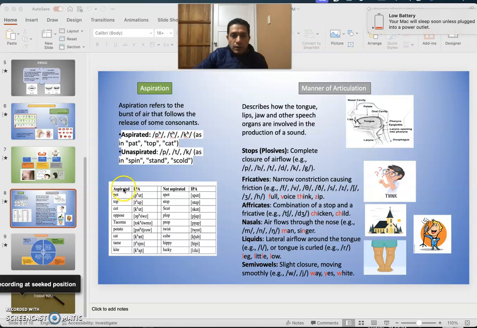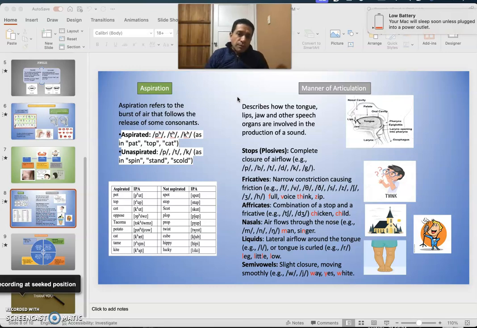We can find the different words with the phonemes in IPA format. Let's continue with the manner of articulation. The manner of articulation describes how the tongue, lips, jaw, and other speech organs are involved in the production of the sound.